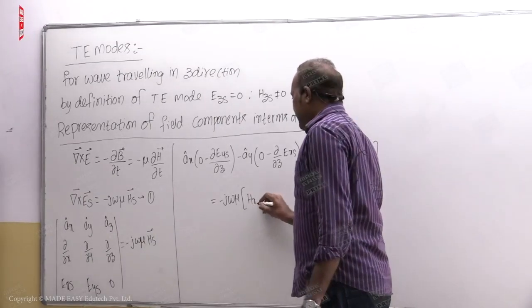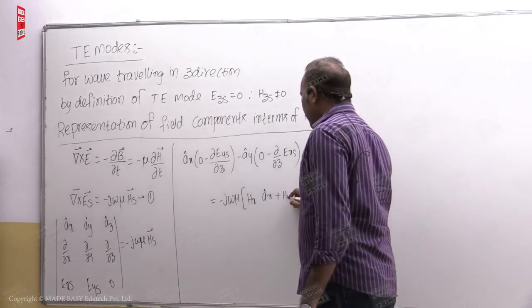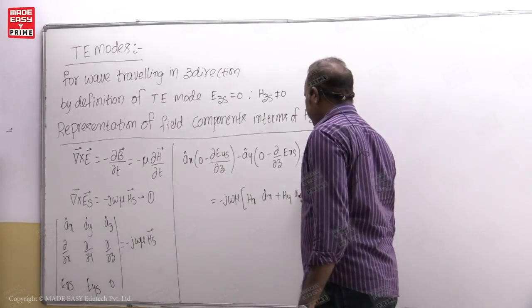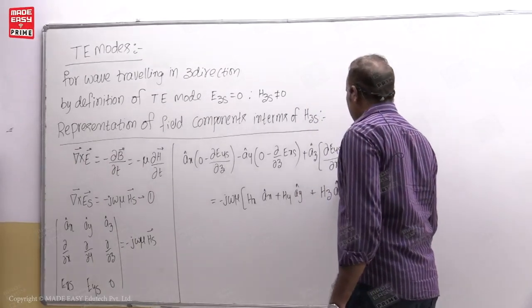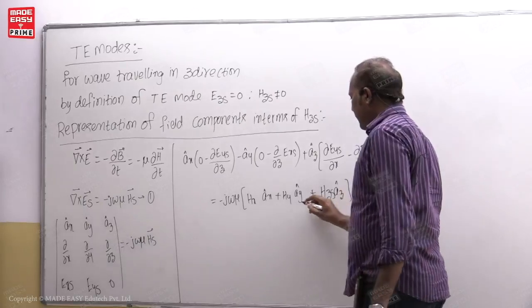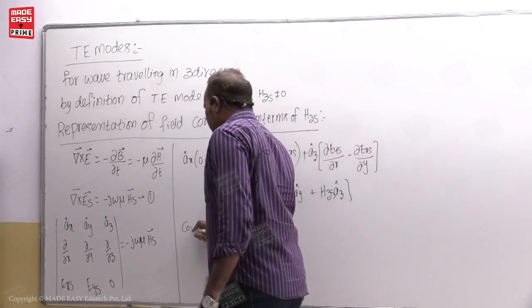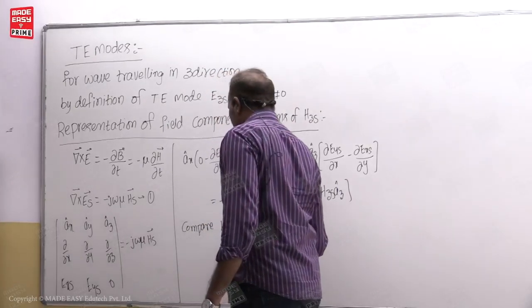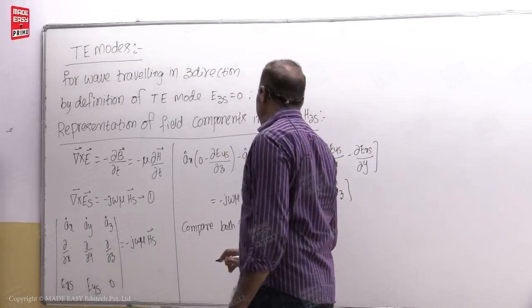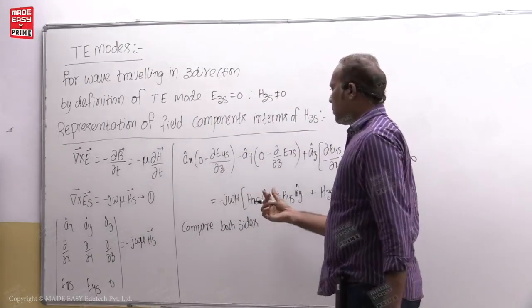The magnetic field vector in steady state has an x component, then a y component, then a z component. Now we are writing them in phasor domain. Suffix s you have to put for steady state. Compare both sides. Here Ax x component, here also x component.